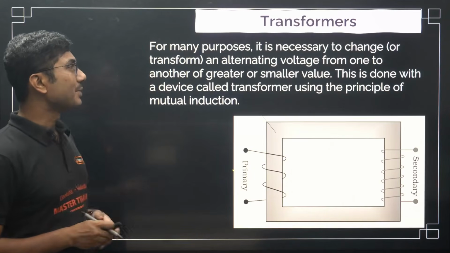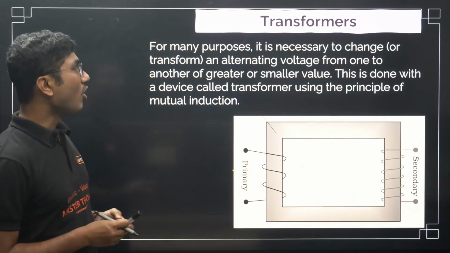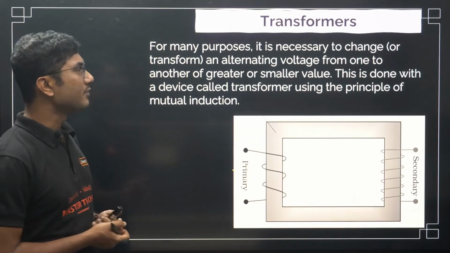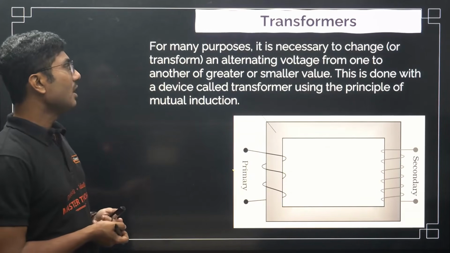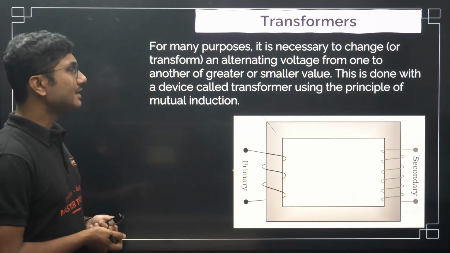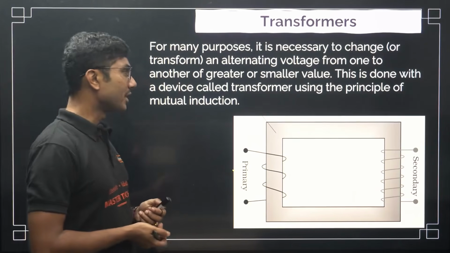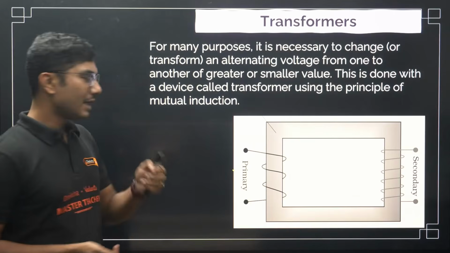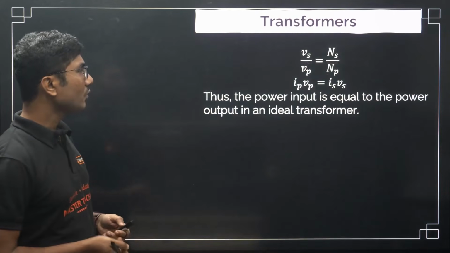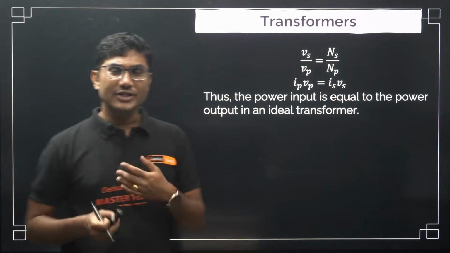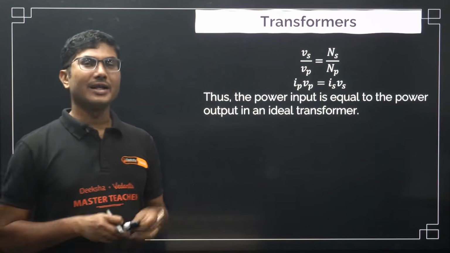For many purposes it is necessary to change or transform an alternating voltage from one value to a greater or smaller value. This is done with a device called a transformer, using the principle of mutual induction. Now there is a relationship between the voltage and the number of turns.